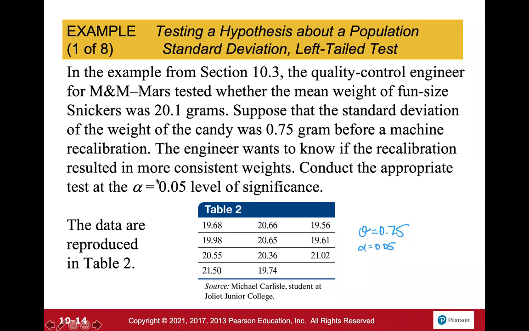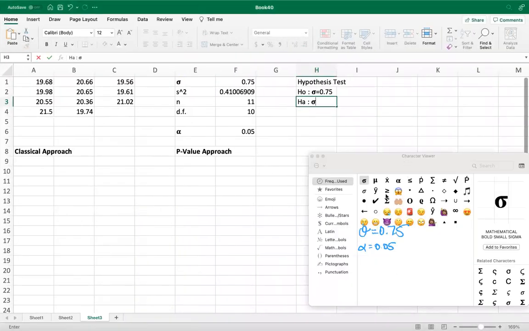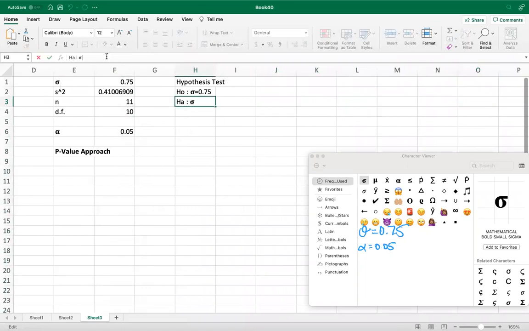More consistent weights means less variability. So less variability means a smaller standard deviation. So what they're saying is that the standard deviation in this case would be smaller, so less than 0.75.